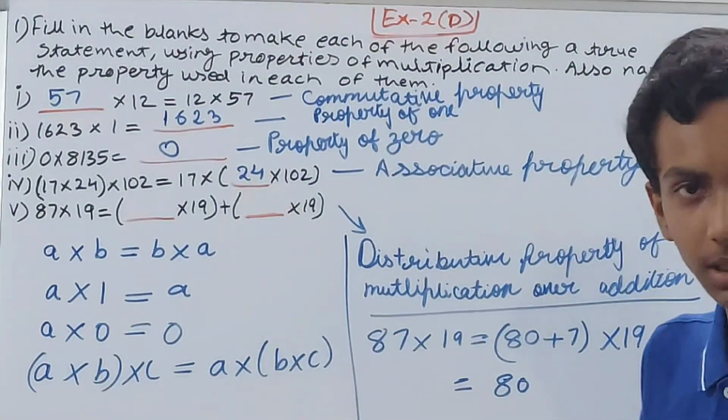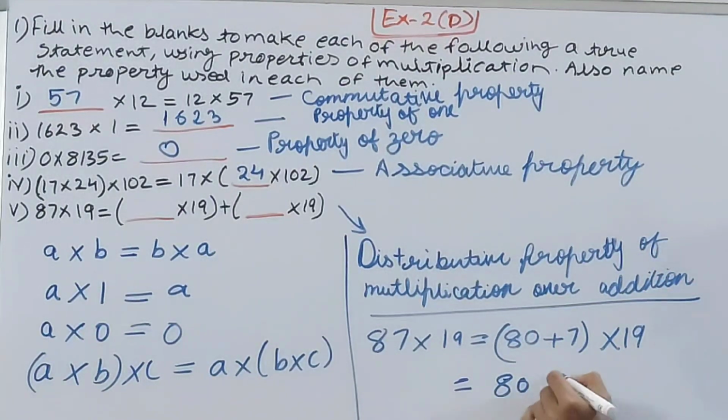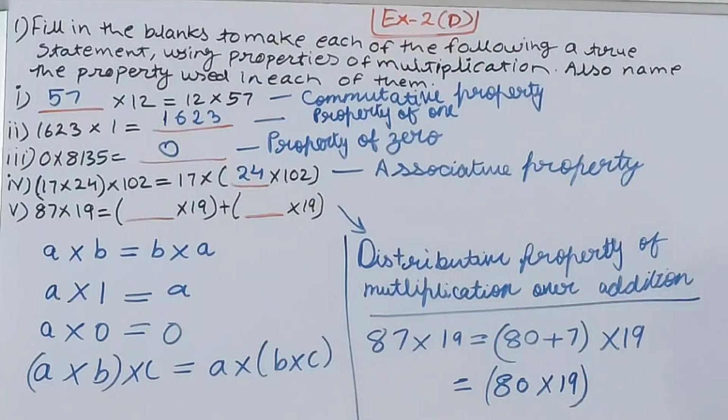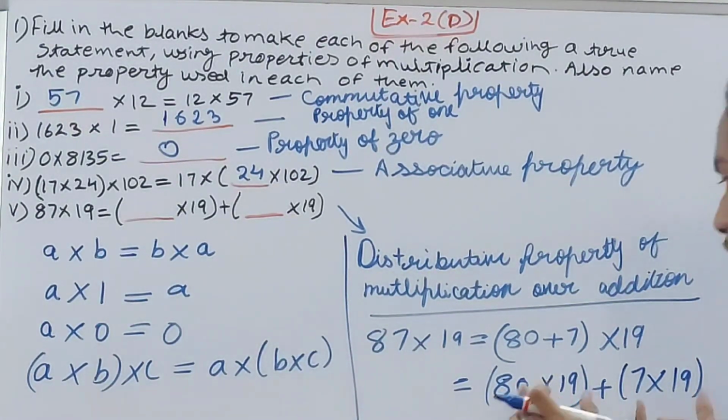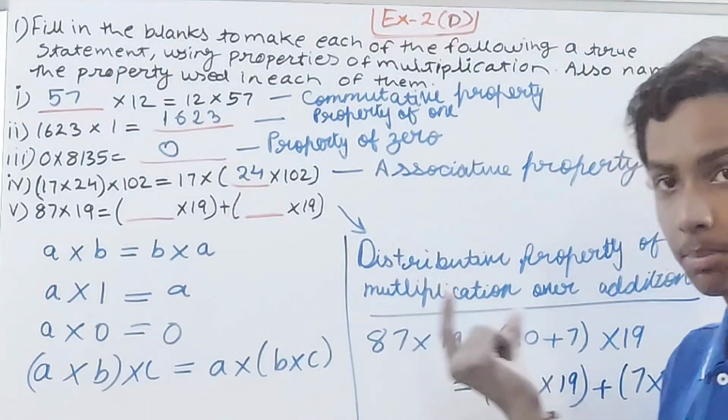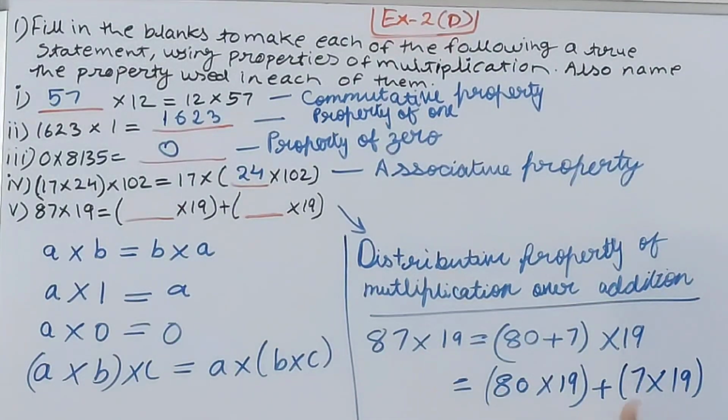This will give you the same answer. Or you can break them down and multiply each of the factors by this 19, right? 80 into 19, then plus 7 into 19, right? I have opened this. This will be the same as this, but this is just using the properties, right?